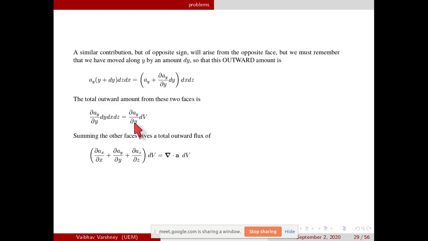So if we add all three components, we will get this, and this term we can write as the divergence of A, del dot A. So we started with the efflux, we are calculating the efflux, and what we are getting is the divergence of A. So divergence of A is showing the efflux, meaning the water flowing outward. So this is the physical significance of this.